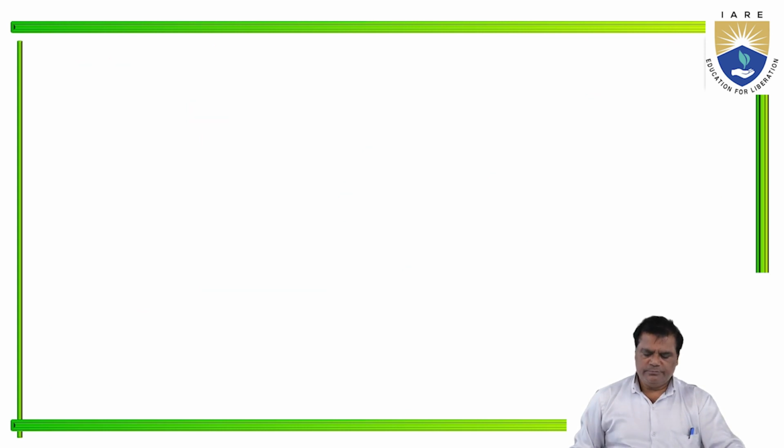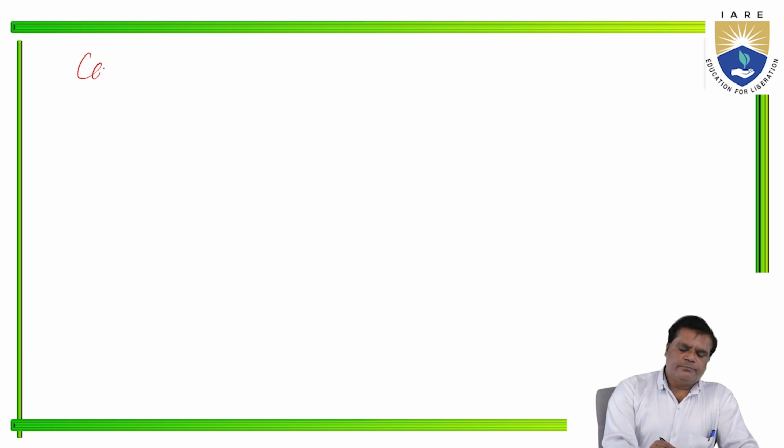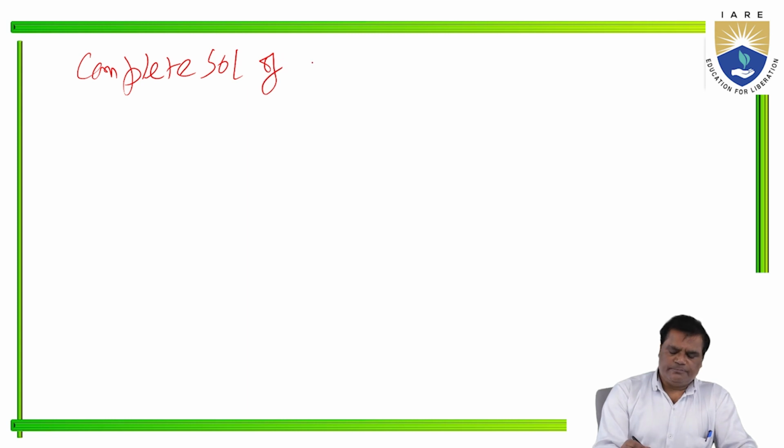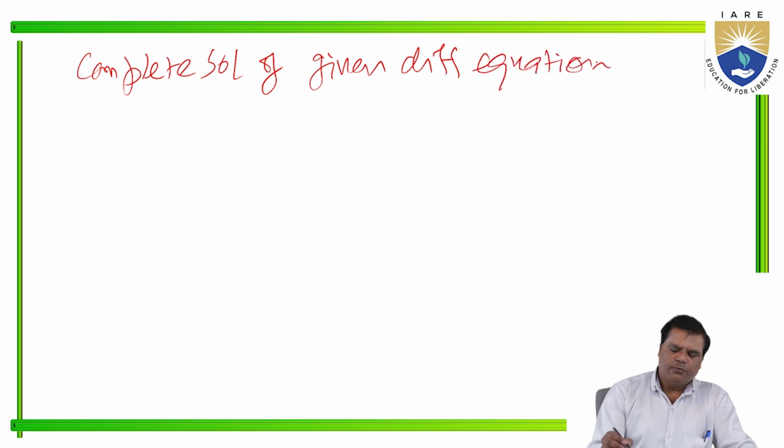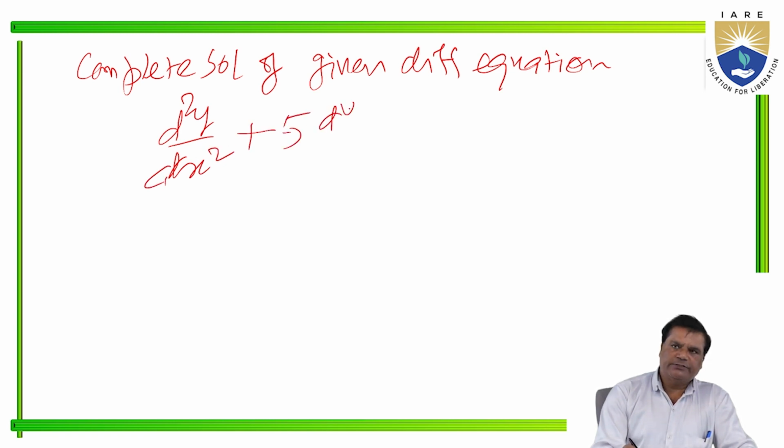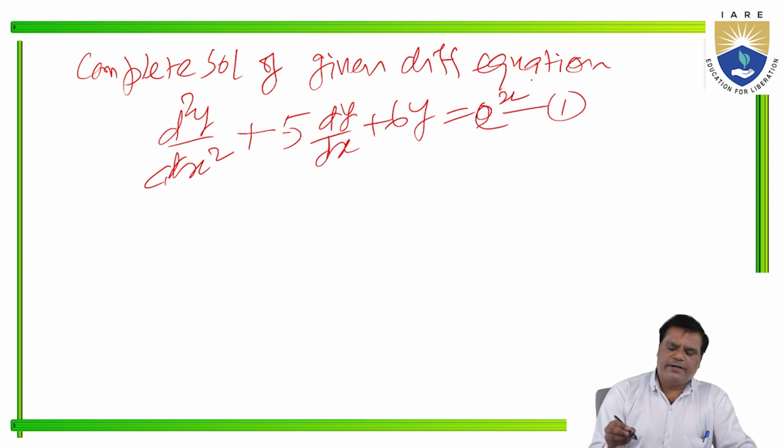Now the complete solution of the question. The given differential equation d2y over dx2 plus 5 dy over dx plus 6y is equal to e to the power x.